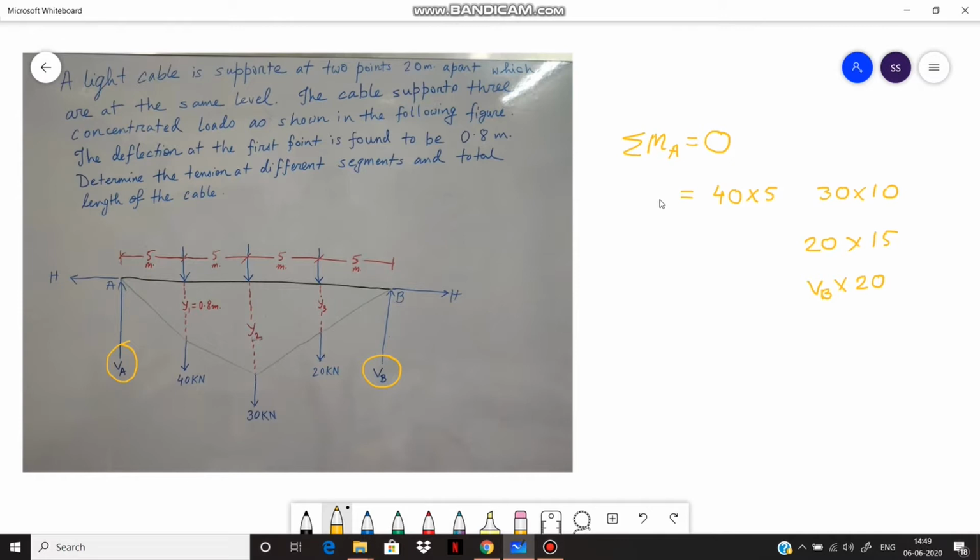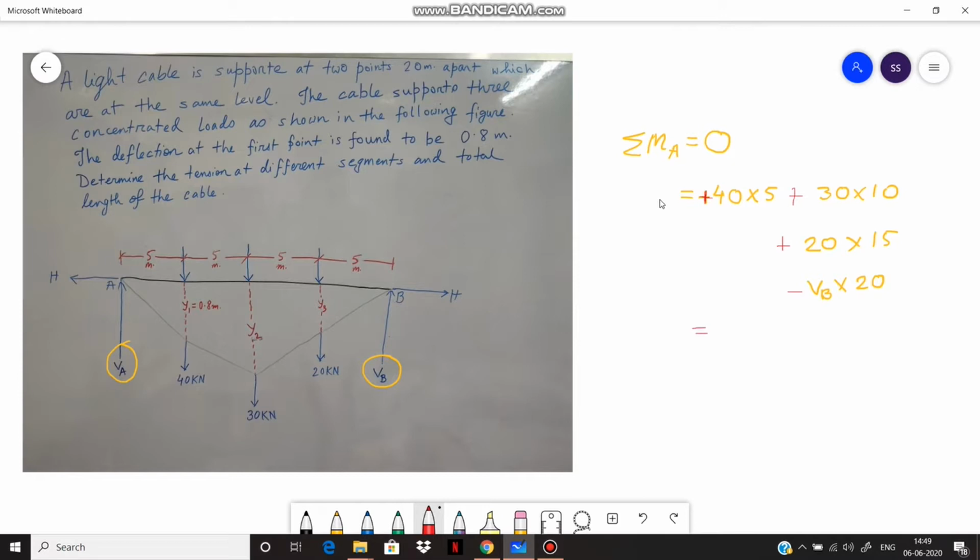Now we have to determine the sign convention. Taking anti-clockwise moments as negative and clockwise moments as positive, we have this is positive, this is positive, this is also positive, this moment is also positive, but this one is negative.